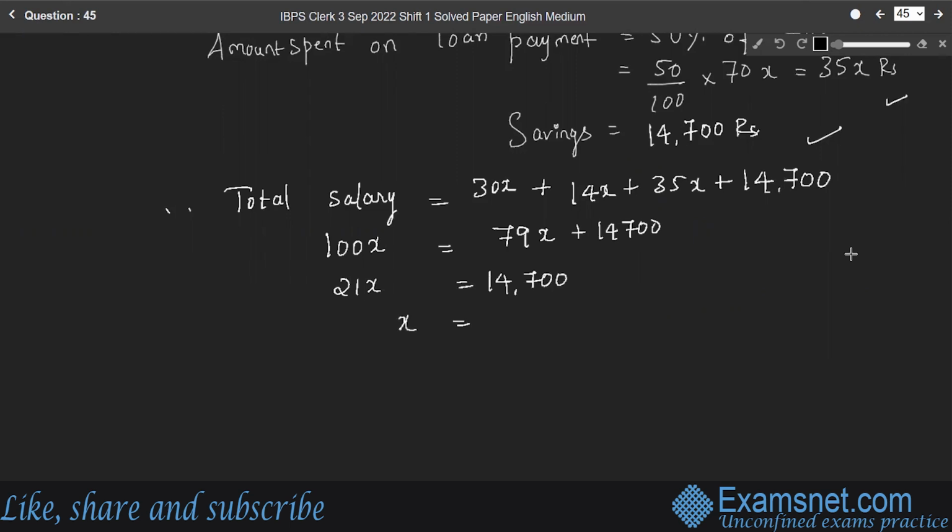Therefore, x is 14,700 by 21. So directly, x is 700.